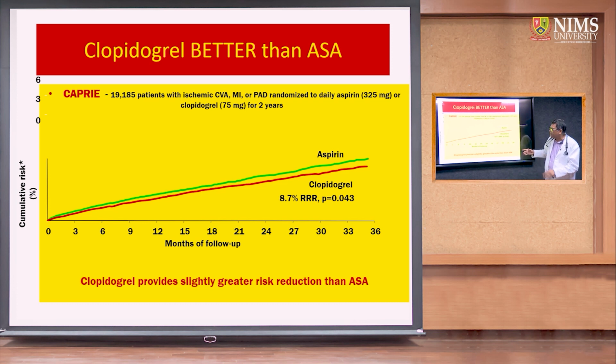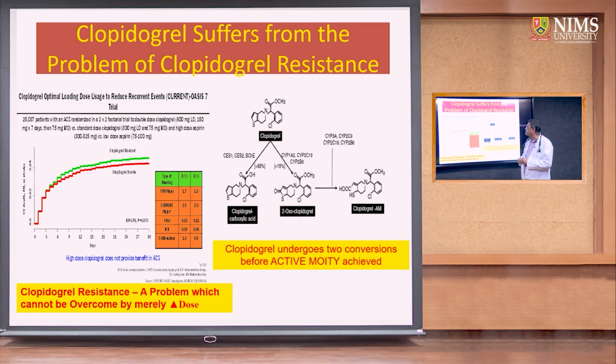They want to use a more potent agent even in stable coronary artery disease, and they are using clopidogrel. But the problem with clopidogrel is that there is something called clopidogrel resistance, that clopidogrel is not effective in 100% of the cases. There may be a percentage of cases where clopidogrel is not active.